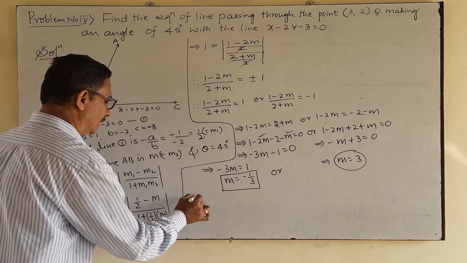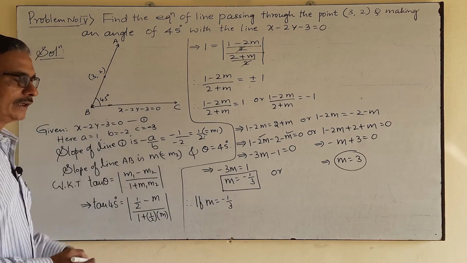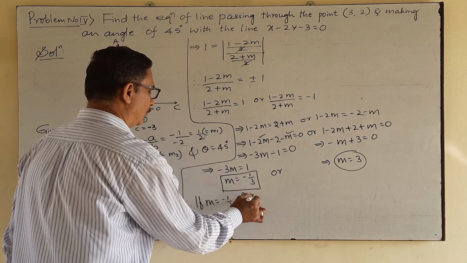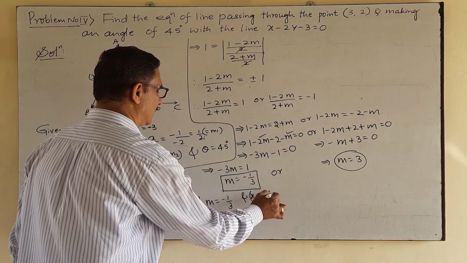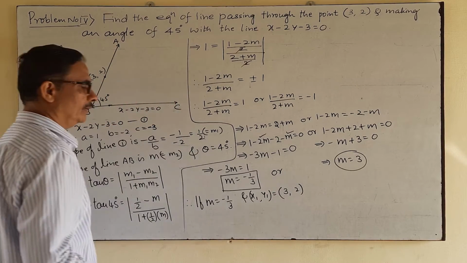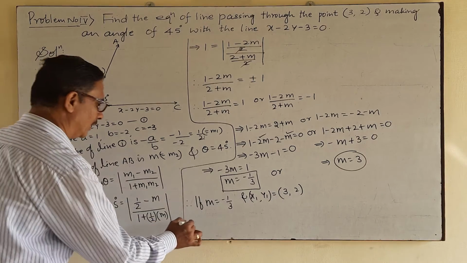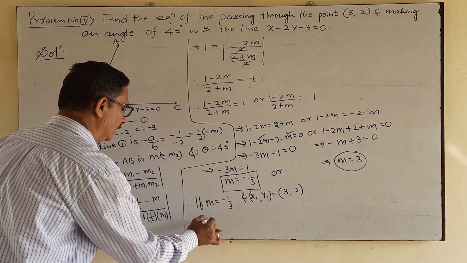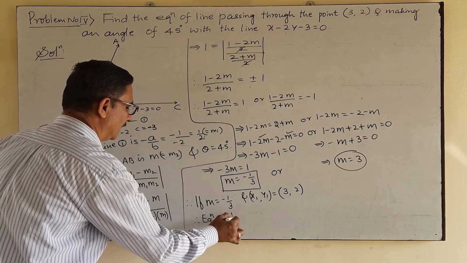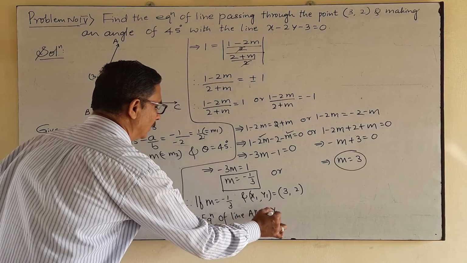Therefore if m is equal to minus 1 by 3 slope, and one point given x1 y1 is given, that is 3 comma 2. Then to find the equation of line AB using one point formula, what is that?